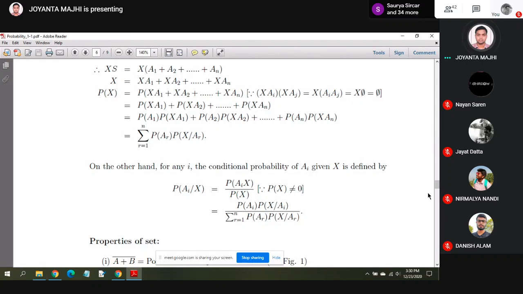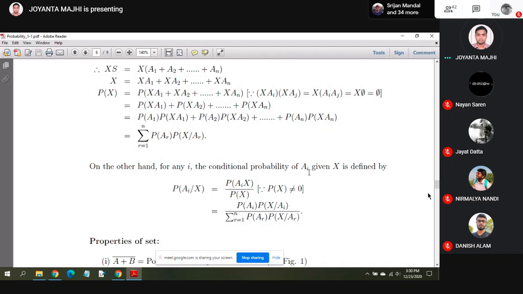On the other hand, for any i, the conditional probability of A_i on the hypothesis that the event x has already occurred is defined as probability of A_i by x. This is the conditional probability of A_i on the hypothesis that the event x has already occurred, and this is equal to probability of A_i intersection x by probability of x.